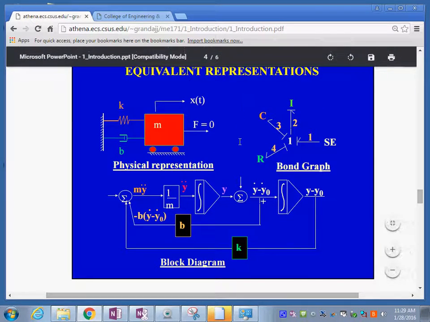That bond graph model is in here. And at this point, it is my responsibility to show you how you actually get this, as well as how you actually get this. All I'm trying to say to you is either you can go this way or you can go this way.